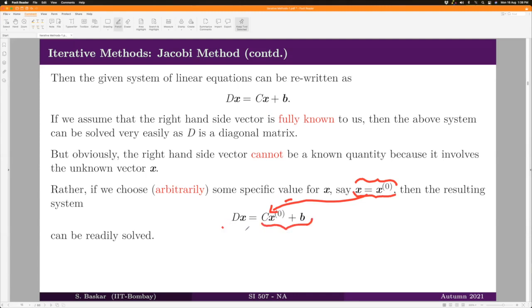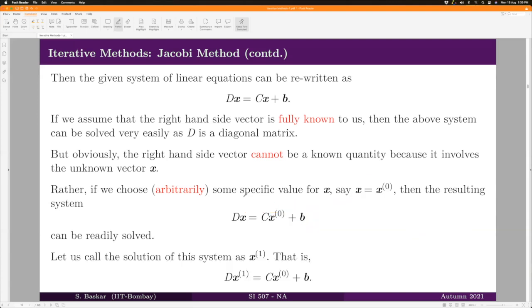And what remains now is the diagonal system, and you can directly find the value of x such that Dx is equal to the right hand side which is given like this, not the right hand side that you want. The solution x of this system may not satisfy your original system Ax = b, right? Therefore, we cannot claim that we have solved our original system.